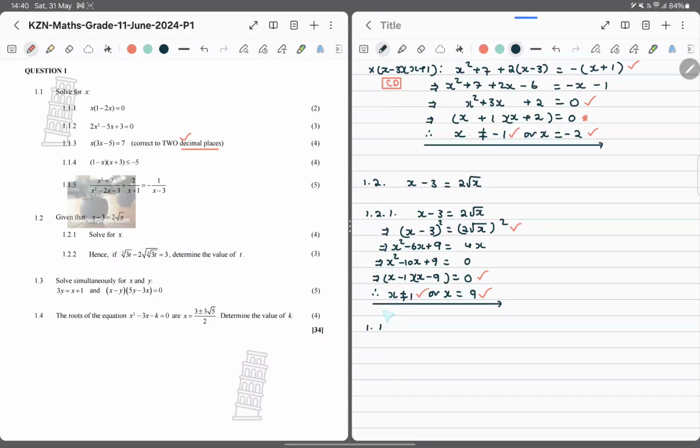So 1.2. It says, hence, if this is the case, determine the value of t. Okay, let's write it.